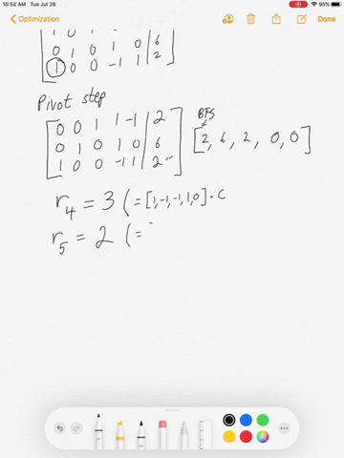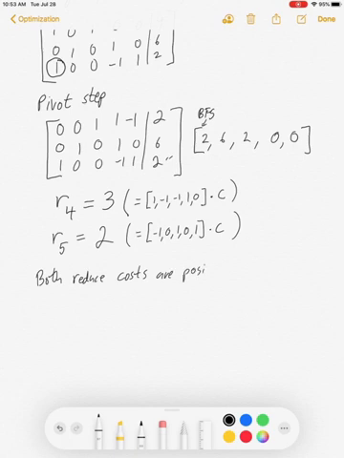If I want to bring column 5 into the basis, this is the direction that I end up moving in. And you dot product that with the cost vector. So here I notice that both reduced costs are positive. So we're done.